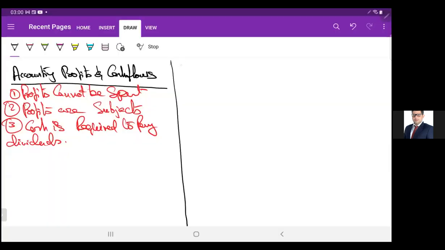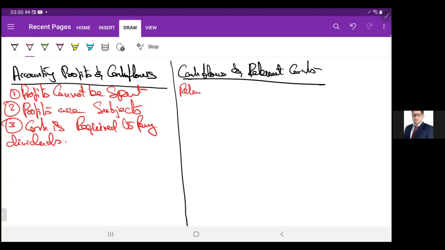Now we will discuss the cash flows and relevant costs. For all methods of investment appraisal, with the exception of ROCE only, relevant cash flows should be considered. And what are the relevant cash flows?